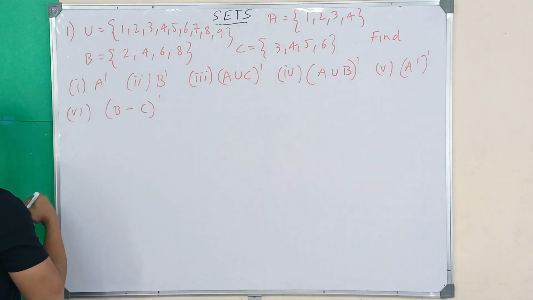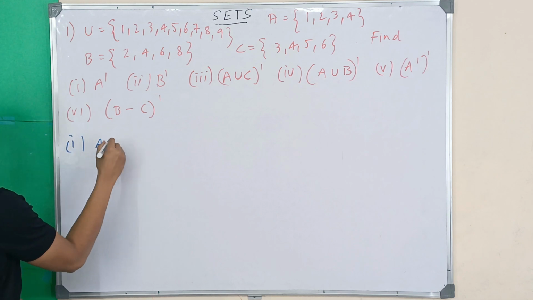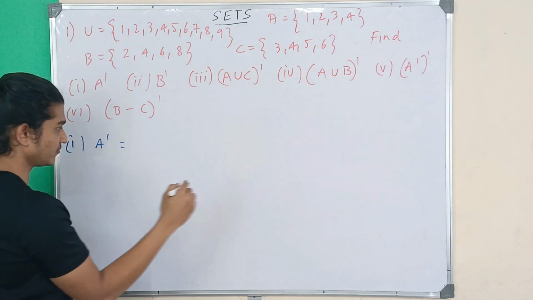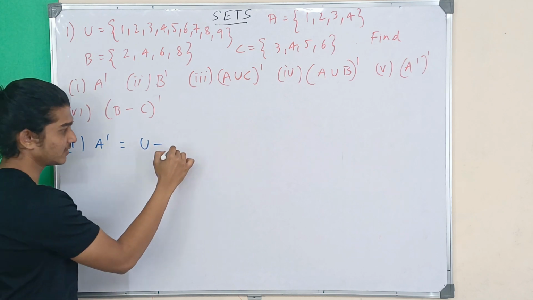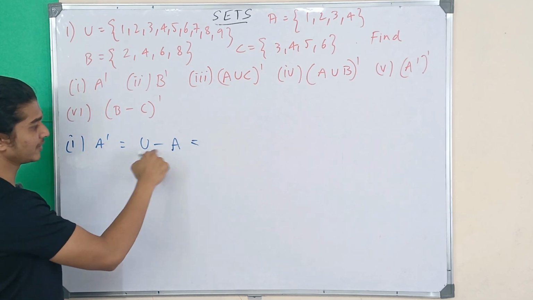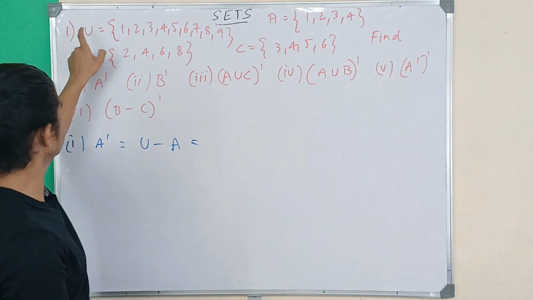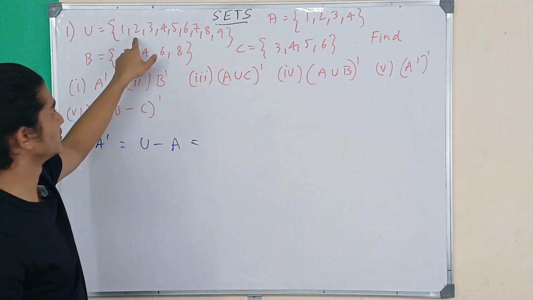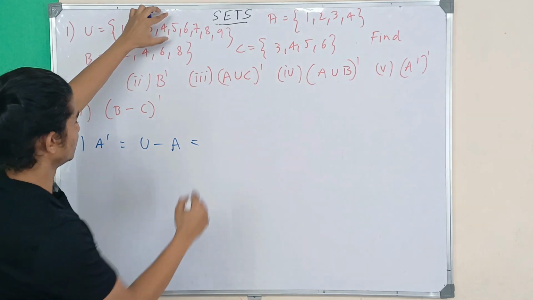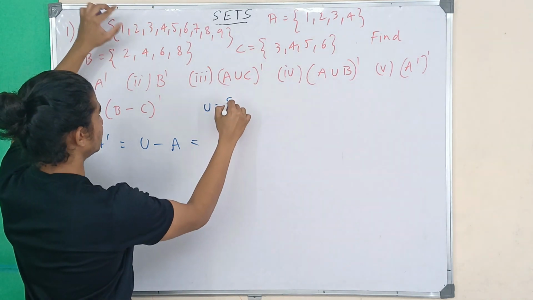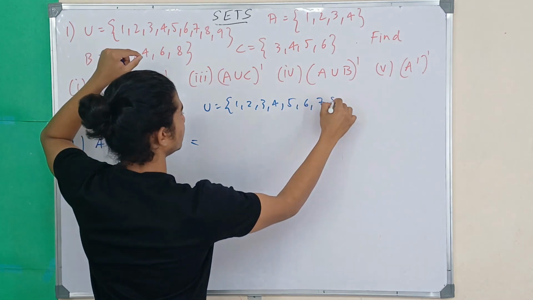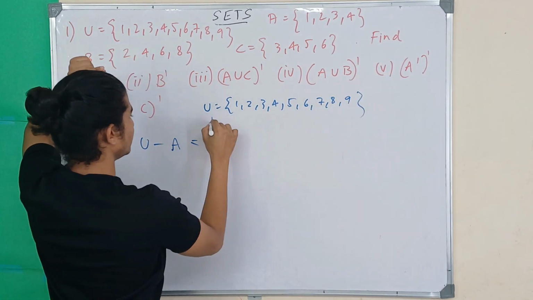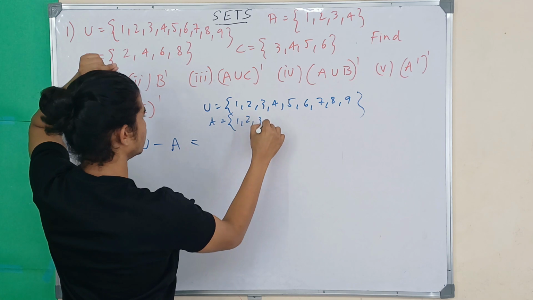Let's start with the first one, which is A complement. A complement is basically, as I told you, by definition, any complement set is equal to the universal set minus that set. So U minus A. You have to subtract A from the universal set. So you have the universal set equal to 1 2 3 4 5 6 7 8 9, and then you have A equal to 1 2 3 4.